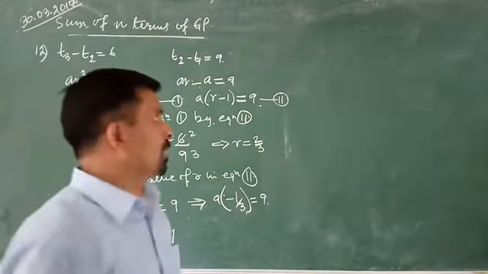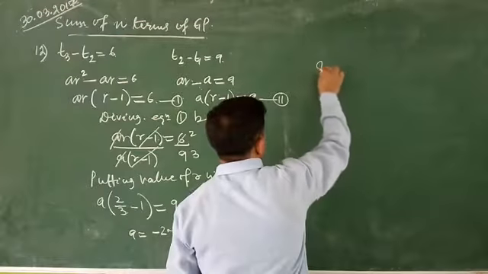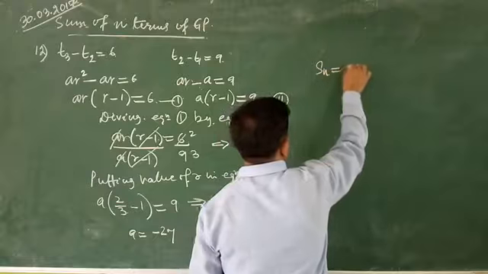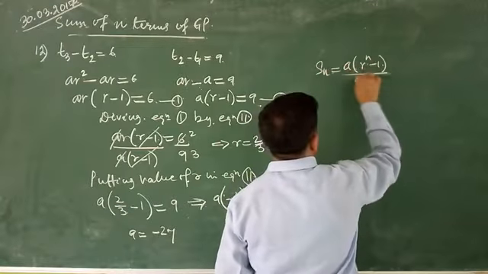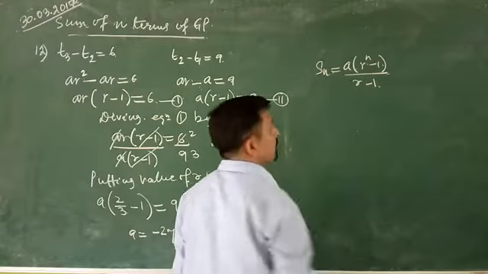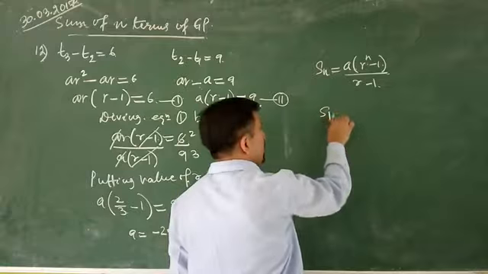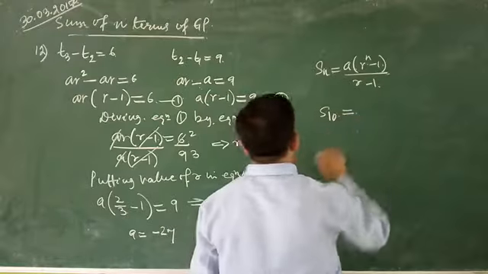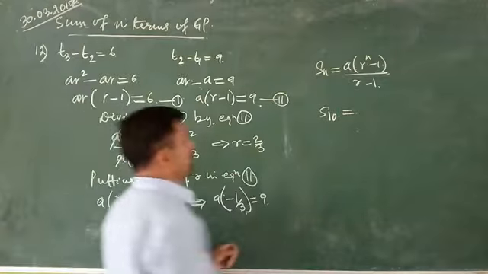Yes, sir. Now we are going to find the final answer, the sum of 10 terms of that series. So the formula for that is Sn is equal to A into R to the power n minus 1 divided by R minus 1. We are going to find the sum of the first 10 terms. So n is equal to 10. And then A is equal to negative 27.